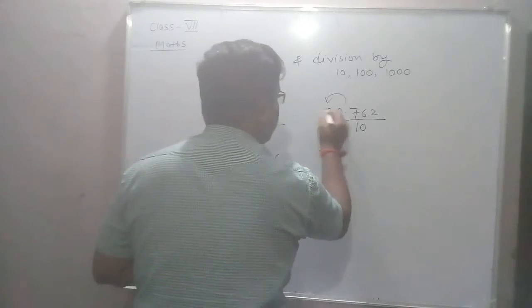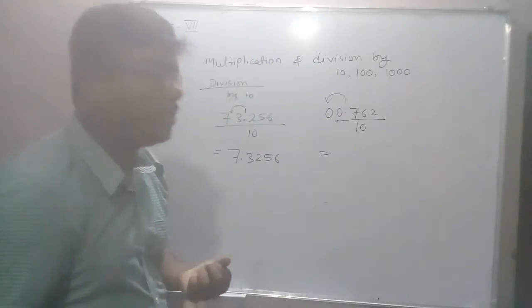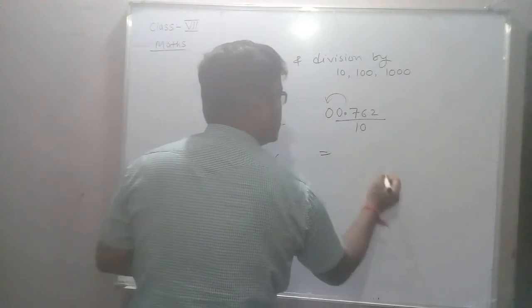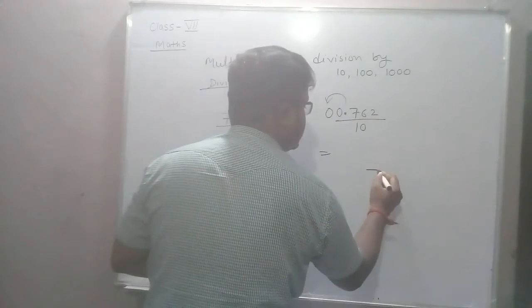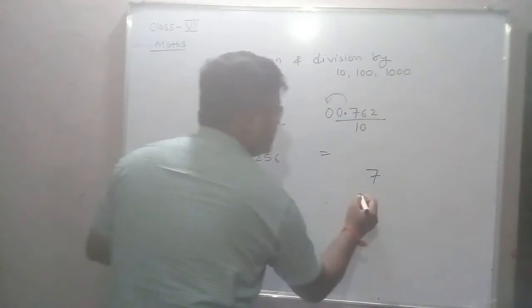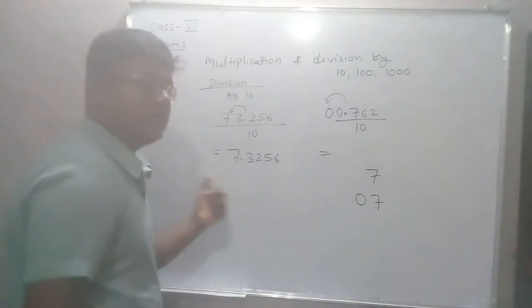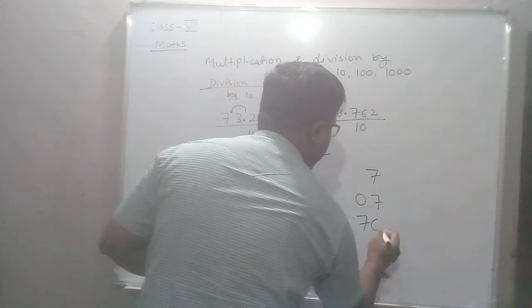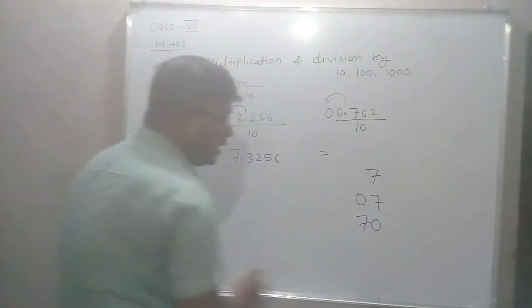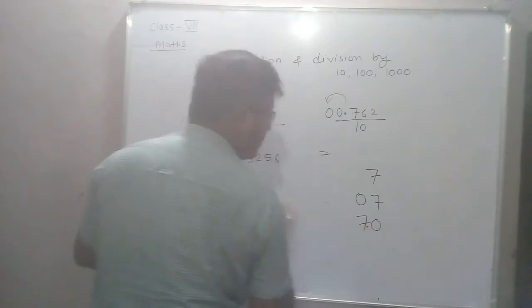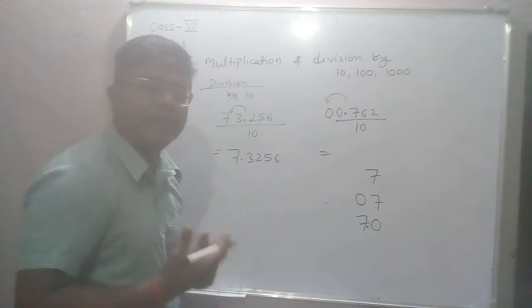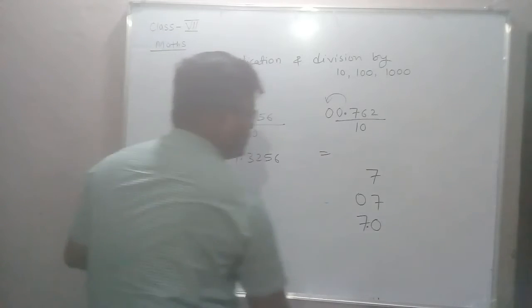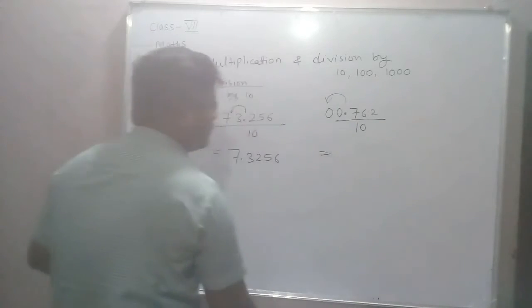So can I write 0 or not? Yes, obviously we can write it, because in front, suppose this is your 7. If you write 0 towards the left, it will be 7 only, but if you write 0 towards the right, then it will become 70. And if you place a decimal, then it will become 7 again. So accordingly, be clear about how you are going to use it.